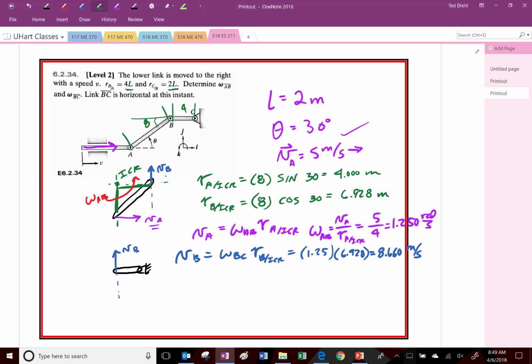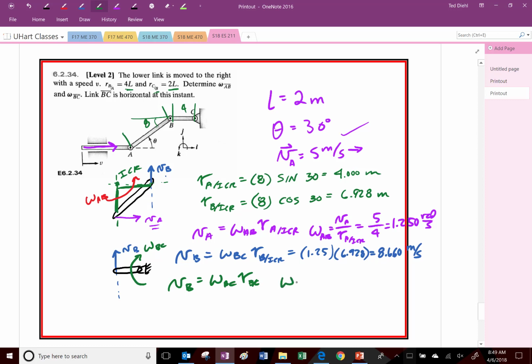So lastly, if we want to, we know that that omega BC is going to be in that direction, and we can write that the VB here is going to be omega BC times R. They said C with respect to B, as I like to go on. Well, it doesn't really matter here. It would matter if there were vectors, what order in which you put the thing here.